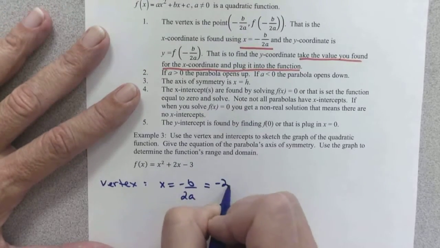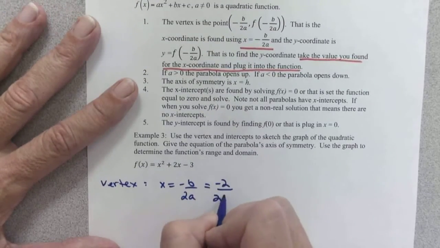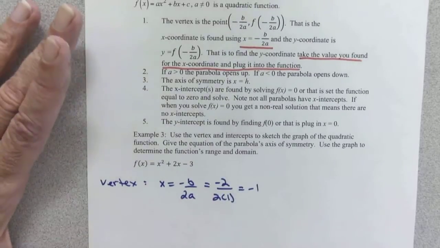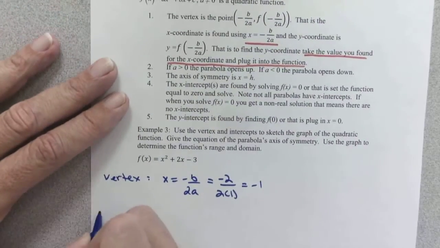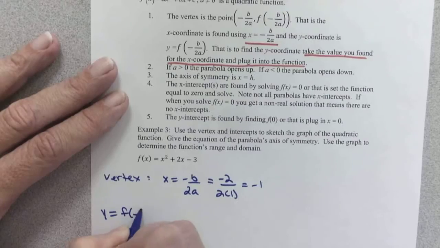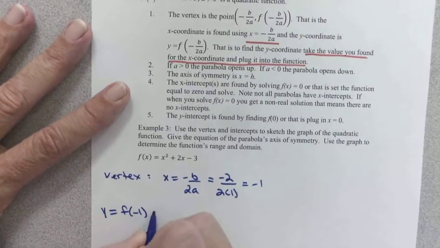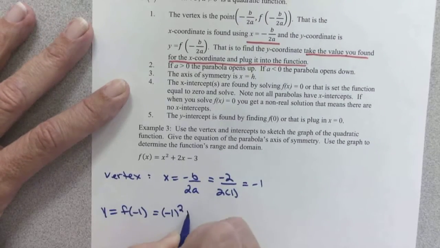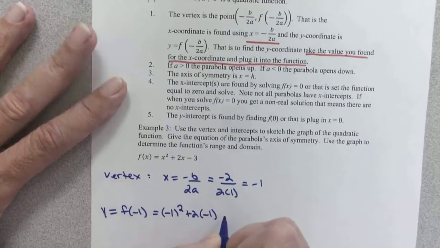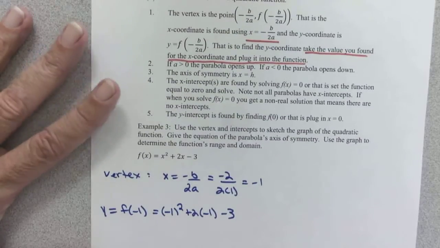So in this case, negative 1 over 2 times 1, or negative 1. Then my y-coordinate is going to be f of negative 1. I take whatever I got from x and I plug it into the function. And so I get negative 1 squared plus 2 times negative 1 minus 3. And I work that out.